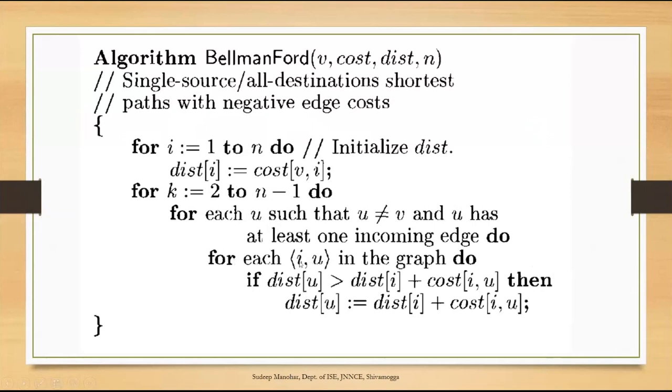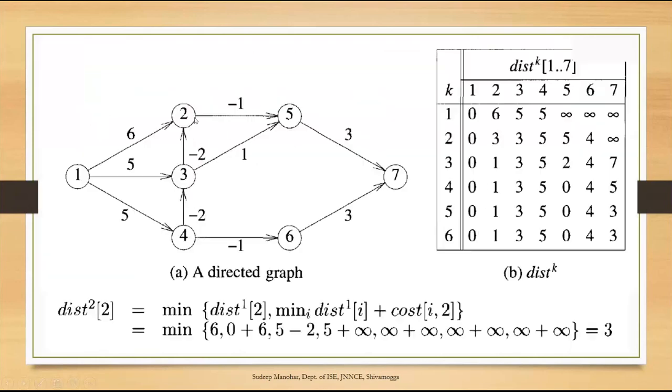For each I in the graph, you have to compare the distance. So we check whether the distance of u is greater than the distance via I, that means whether the older value for 2 is greater, or whether coming via some other vertex is smaller.